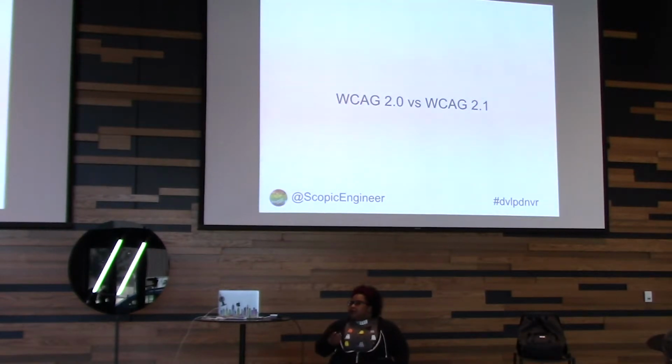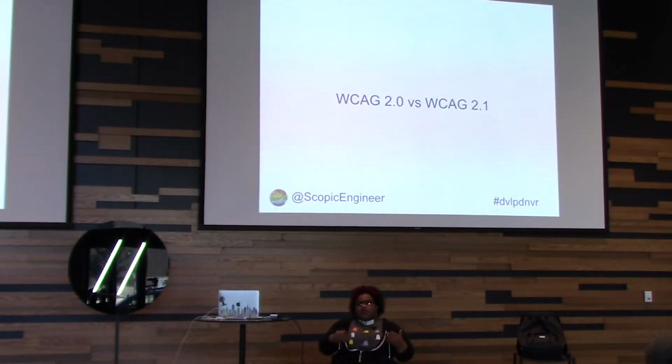As I was saying about how last year it changed what level you need to be at to be compliant. That's because last year there was an update in the standards. Before that it was WCAG 2.0, and then last year WCAG 2.1 premiered.